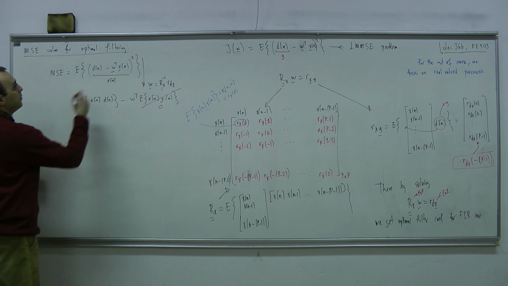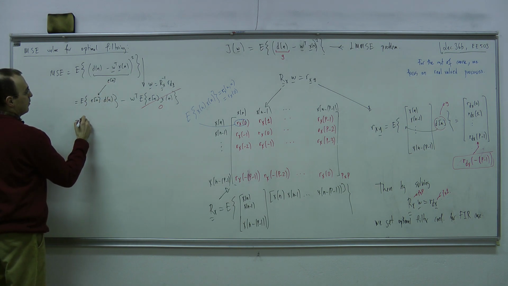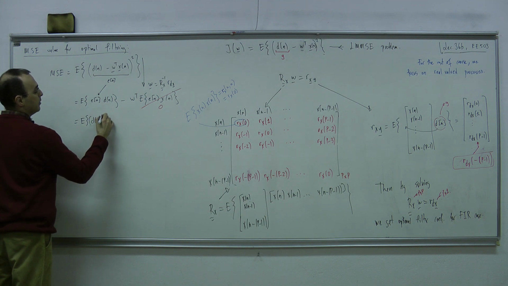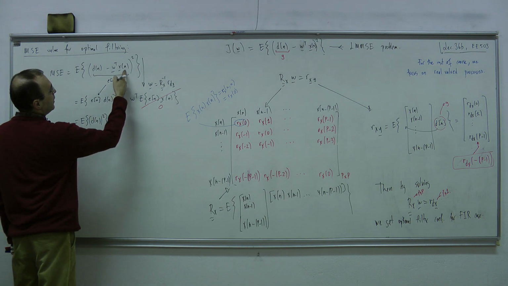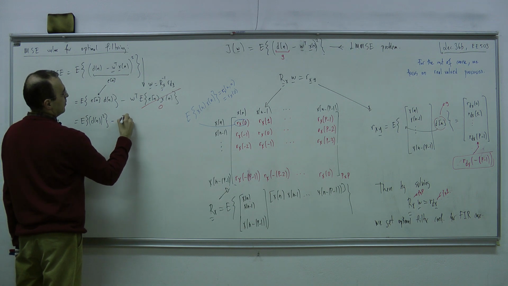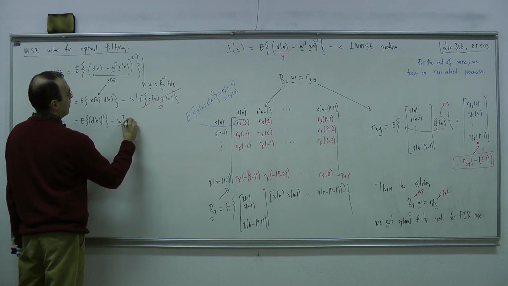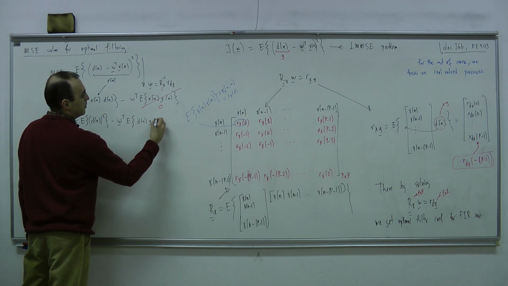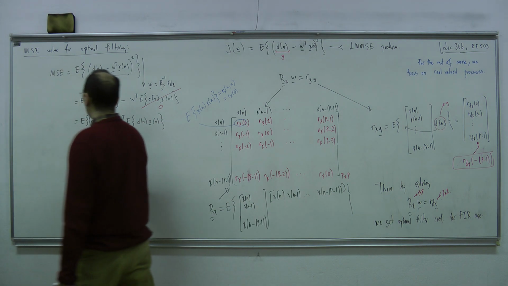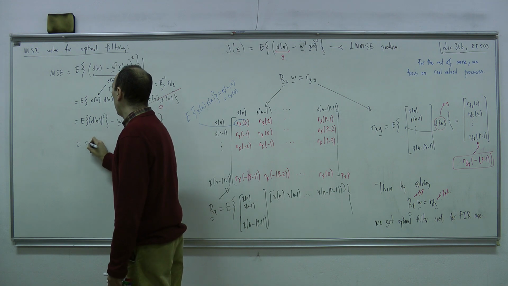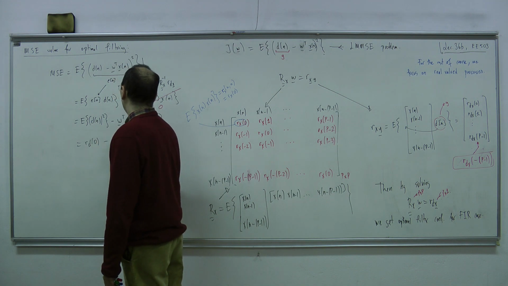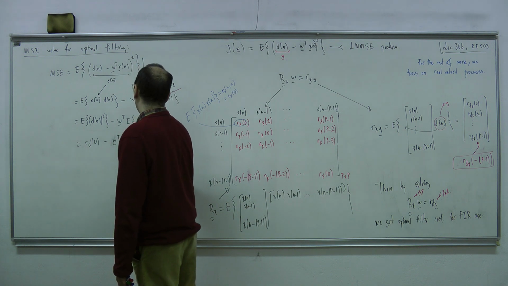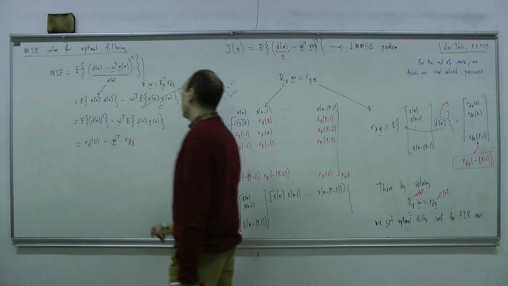Then I have E of d[n] squared minus W transpose times the expected value of d[n] x[n]. So this is Rd(0) minus the optimal filter coefficients times Rdx.